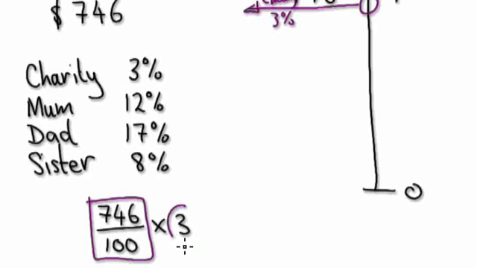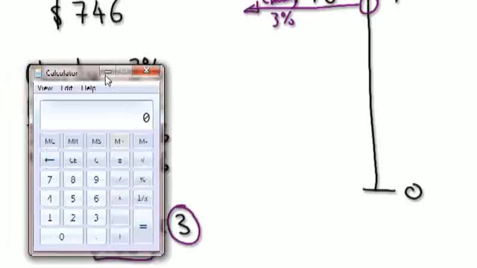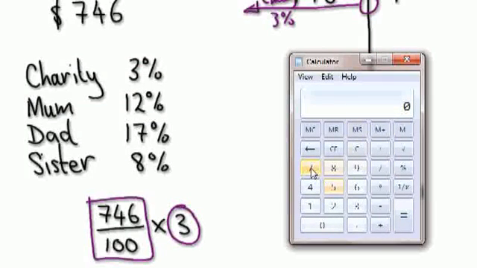So get your calculator out: 746 divided into 100 pieces, and you're going to give away 3 pieces. Each piece is $7 and 46 cents, but you're giving away 3 pieces, so times 3 equals this.